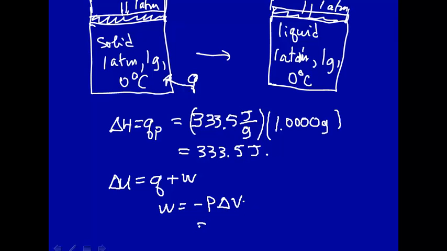Let's see what the pressure is. The pressure is 1 atmosphere. But what is delta V? Well, that's why we're given the densities. Delta V is the final volume, the volume of the liquid, minus the initial volume, the volume of the solid.